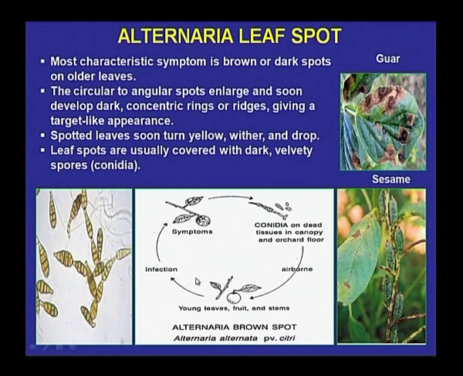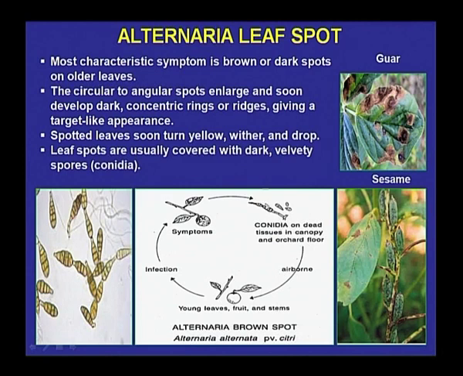And this is the simple life cycle of Alternaria brown spot caused by Alternaria alternata. Here you see the conidia on dead tissue and canopy in the orchard remaining in the field always.